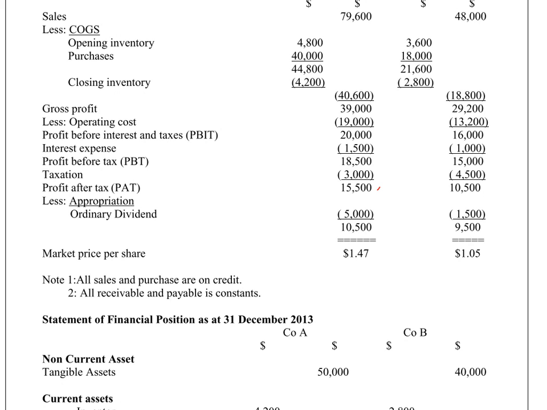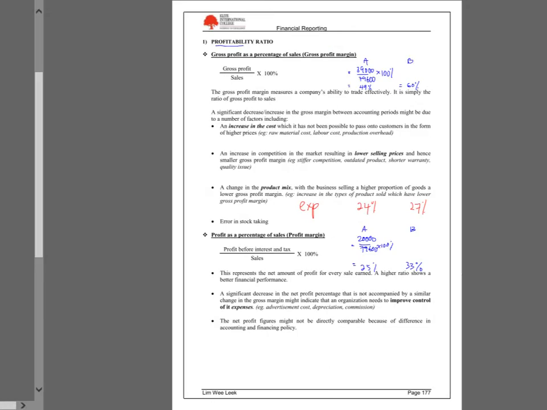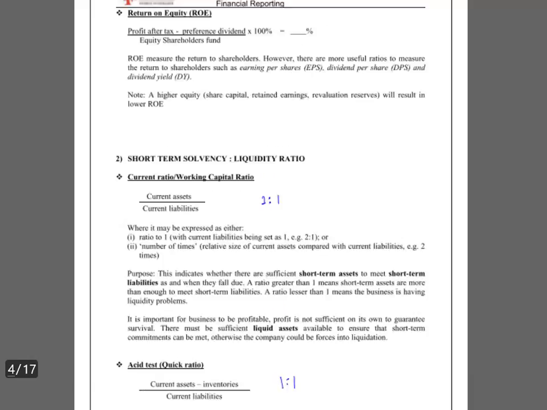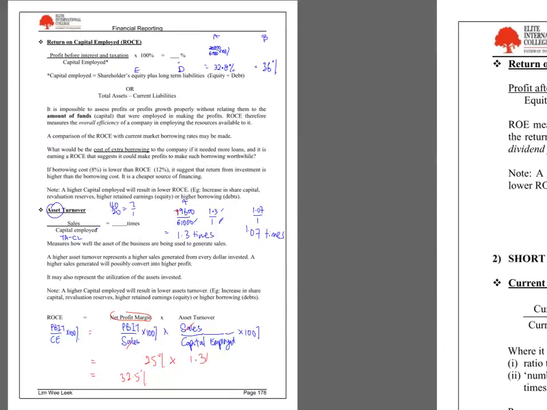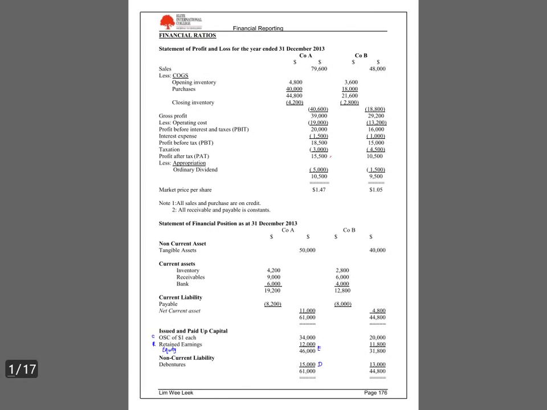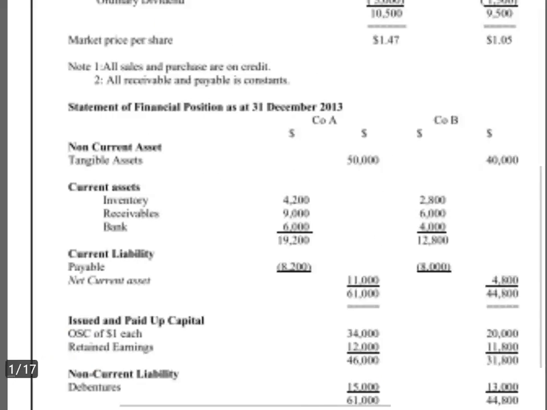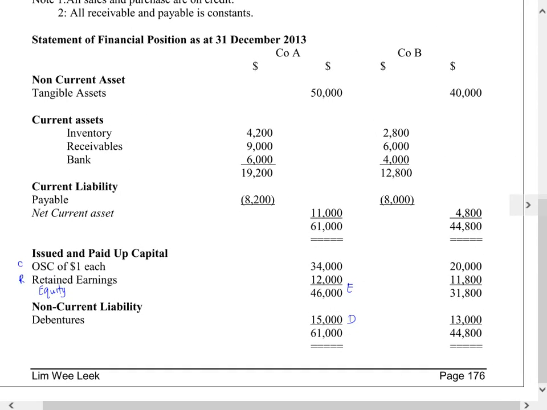We learned this before in earnings per share. So this question does not have preference, meaning 15,500 minus preference dividend, which is 0, means the balance all belongs to the ordinary shareholder. And what is equity shareholders' fund? 46. All this belongs to the shareholder, 46.